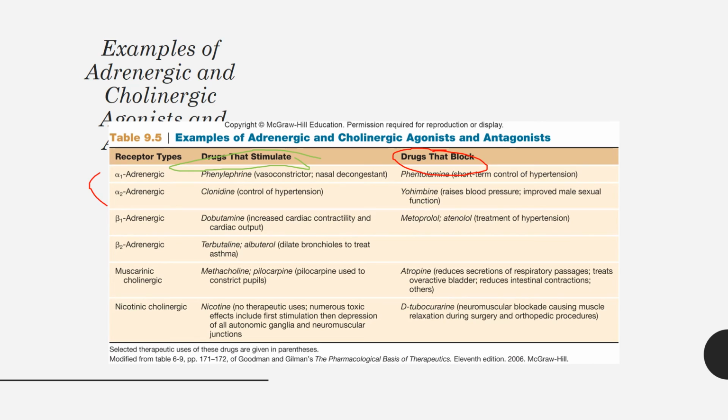Again, for alpha, these would either mimic or block the effects of norepinephrine. Then what we have here are examples of the beta receptors that are responding to epinephrine, and then both the muscarinic and nicotinic receptors, which would bind with acetylcholine.